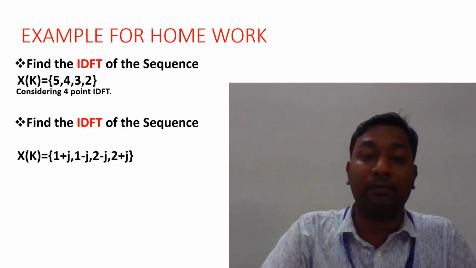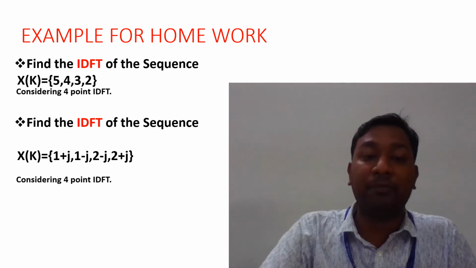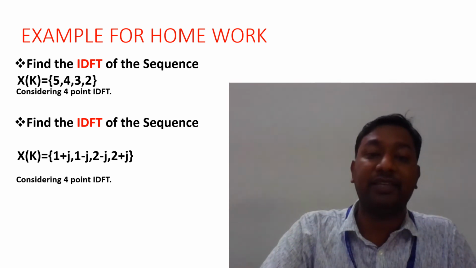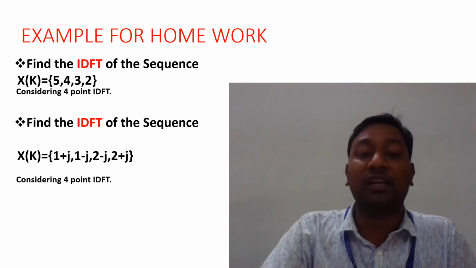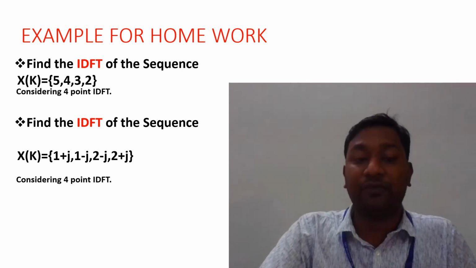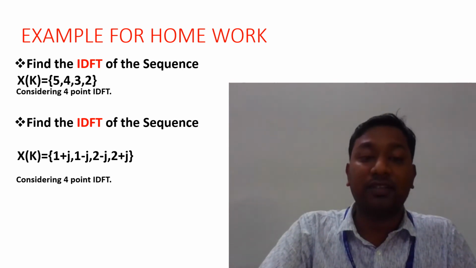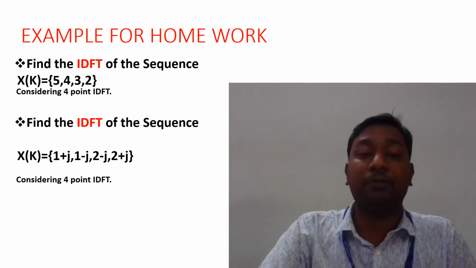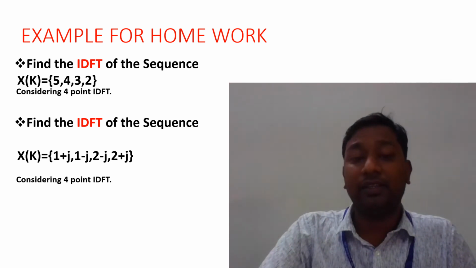But if the question comes like this, IDFT of the sequence x of k equal to 1 plus j, 1 minus j, 2 minus j and 2 plus j, then whenever we write the input, we should first change it to conjugate form, and then find its DIT algorithm based IDFT sequence.